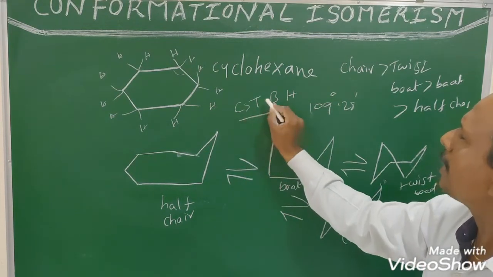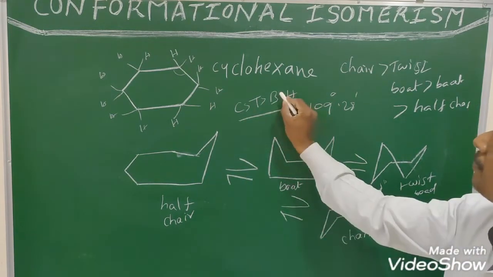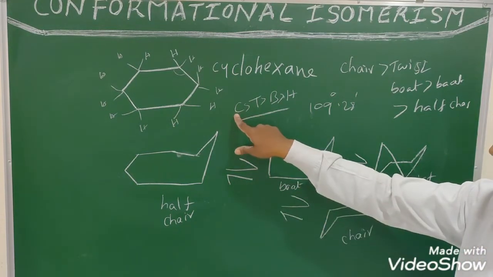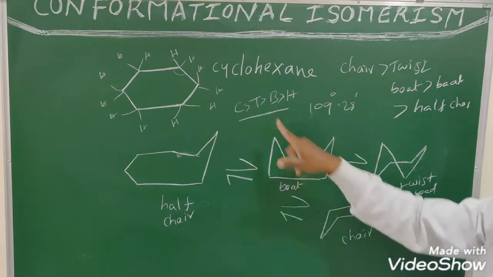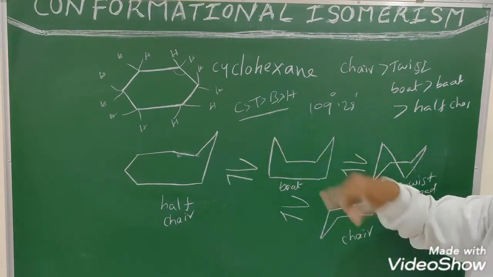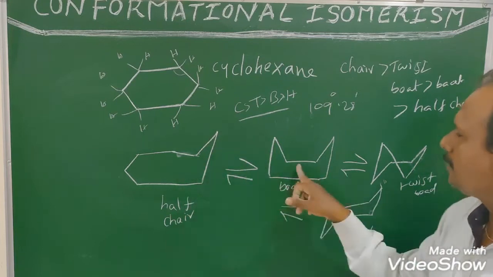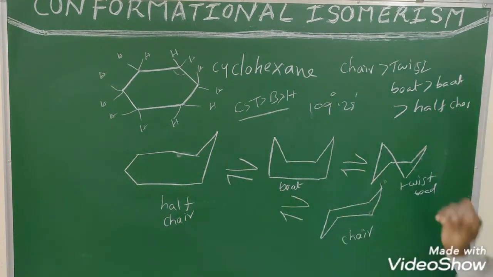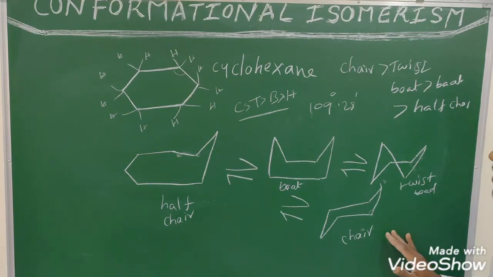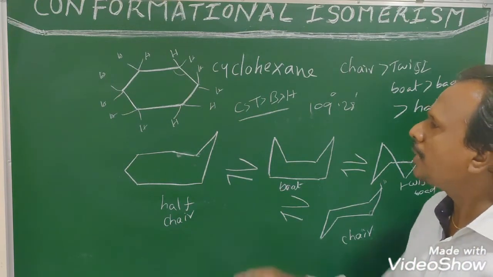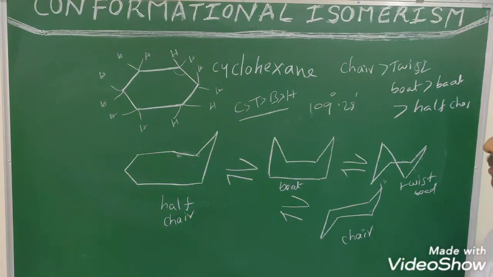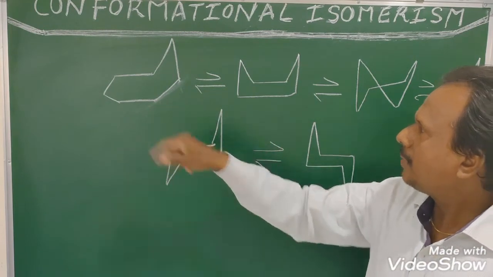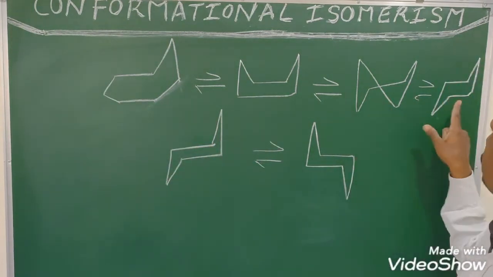That is the stability order. C stands for chair conformation, then twist boat, boat, half chair. These four are the conformations of cyclohexane. Among them, chair is highly stable, so the majority of cyclohexane molecules exist as a chair conformation.